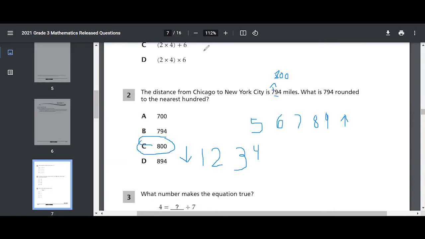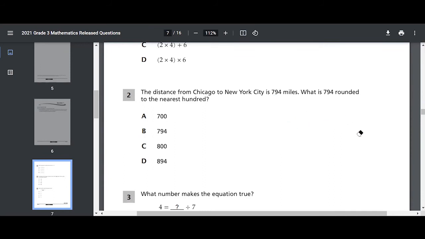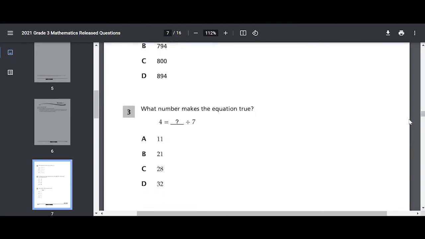Now we're going to erase our work and scroll down to look at all the other option choices. Number 3, what number makes the equation true? 4 equals unknown number divided by 7.